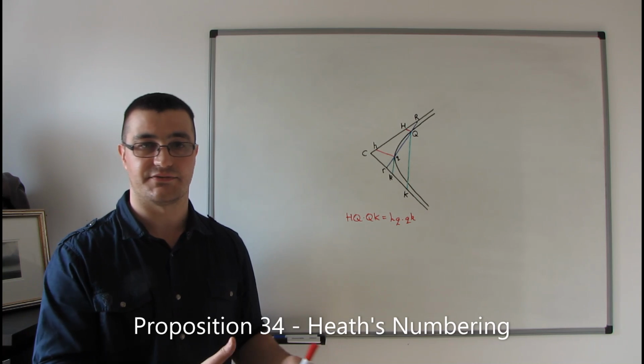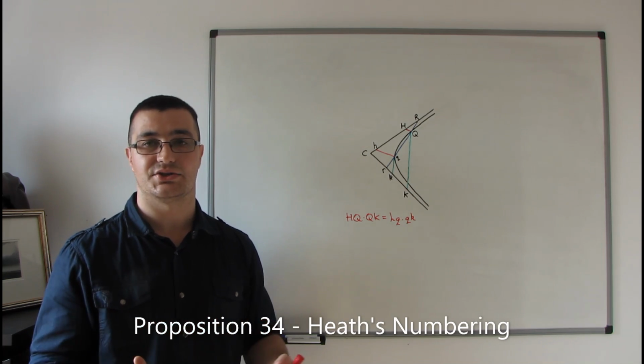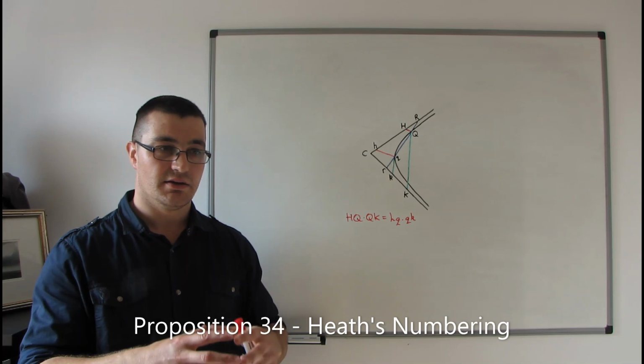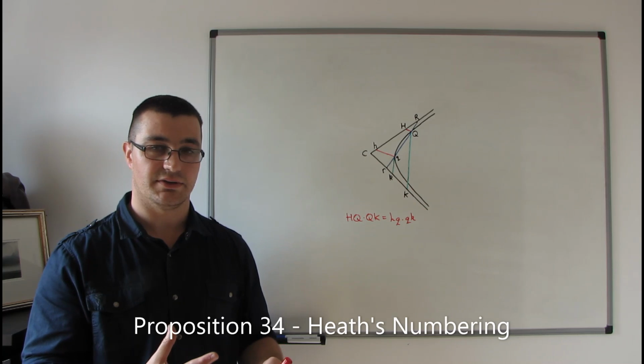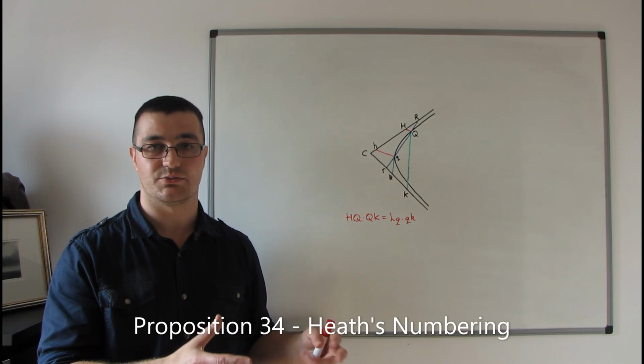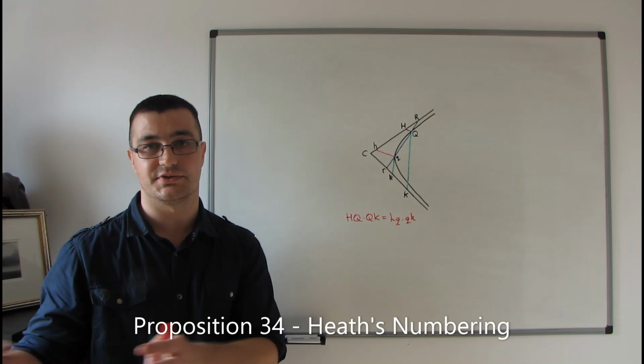So for example, in the last video I showed how to construct certain conic sections from given data, and those results in and of themselves are substantial. It doesn't really make any difference whether they can be used in the proofs of additional propositions.